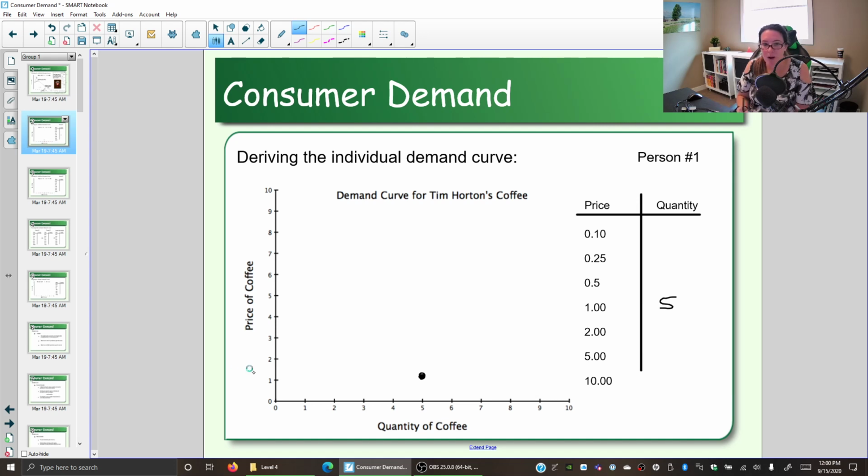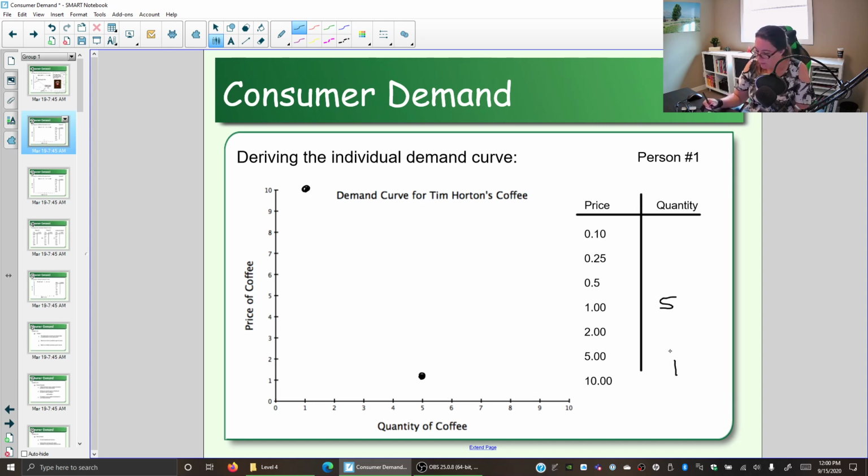So at this price of $1, quantity demanded is 5. If the price of coffee was $10, let's assume that they're willing, okay, they like coffee, but not as able because it's now really expensive. So at the high price of $10, the quantity demanded is 1.